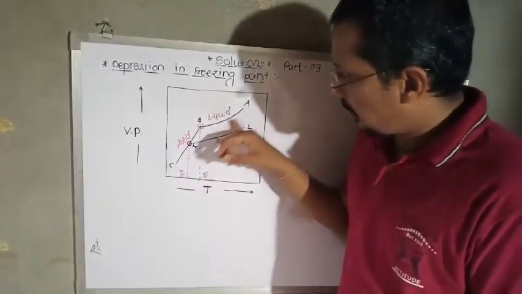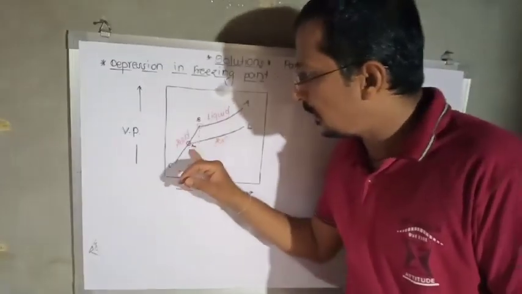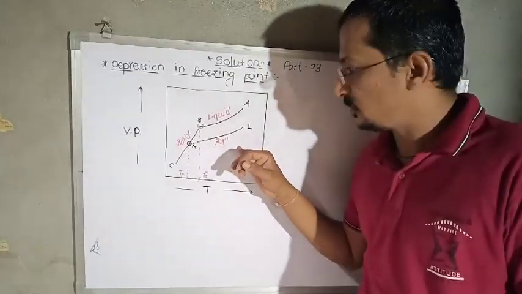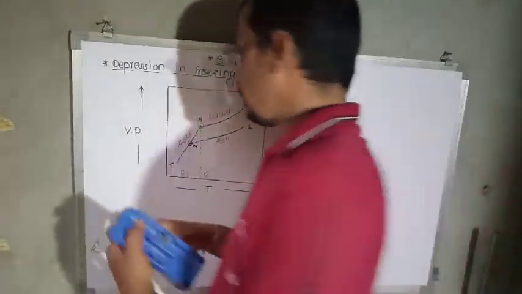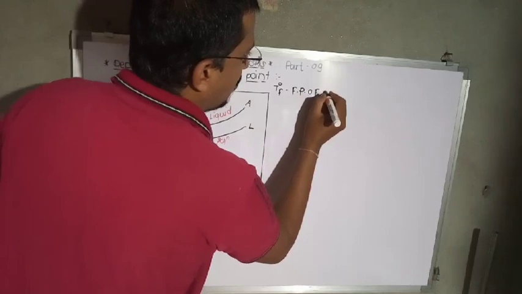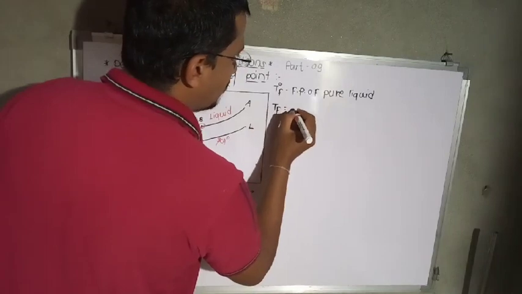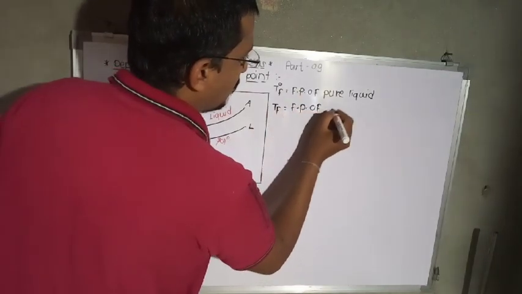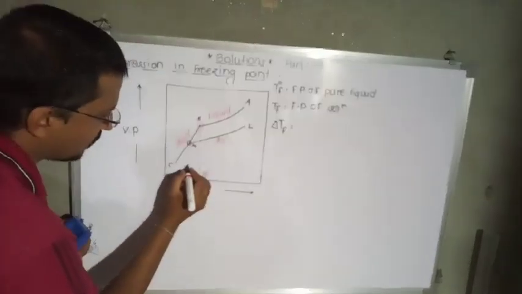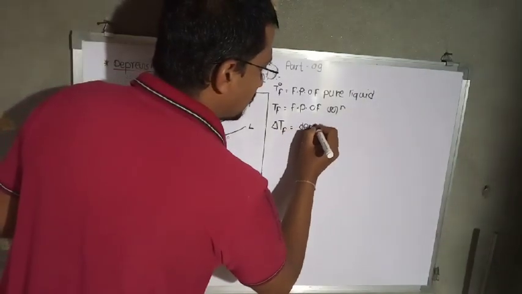Now see, AB is the pure liquid phase, BC is the pure solid state phase, and LM is the vapor pressure temperature curve for solution, and T naught F is the freezing point of pure liquid, TF is the freezing point of solution, and one more point, that is delta TF, the difference between T naught F and TF, that delta TF is the depression in freezing point.